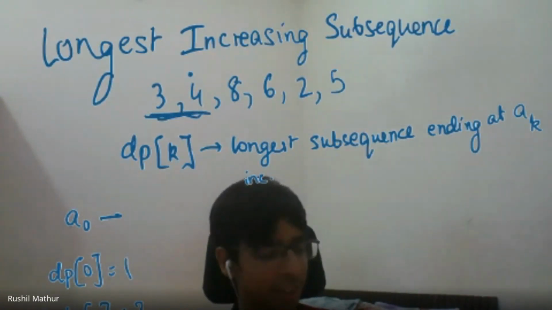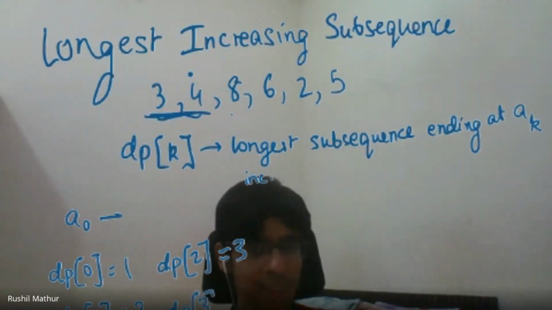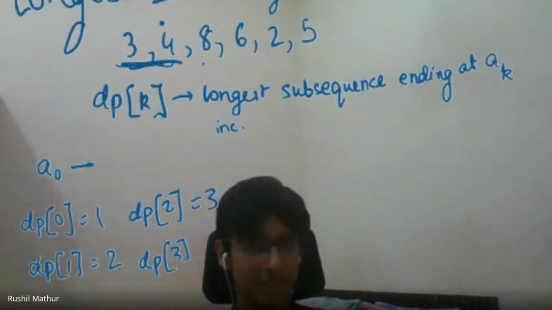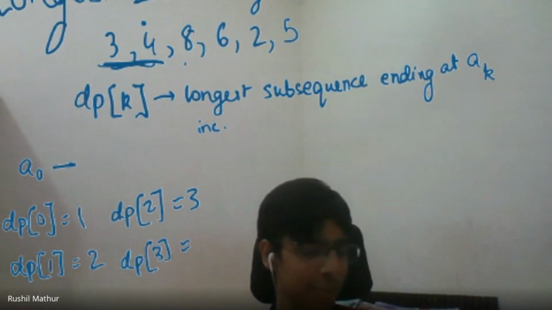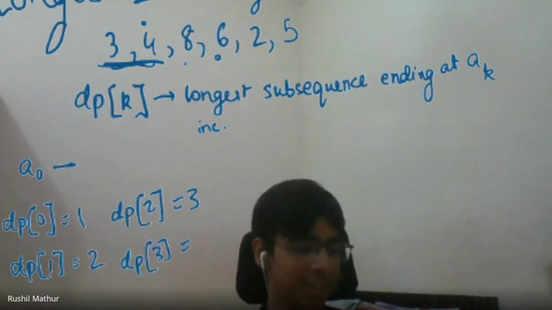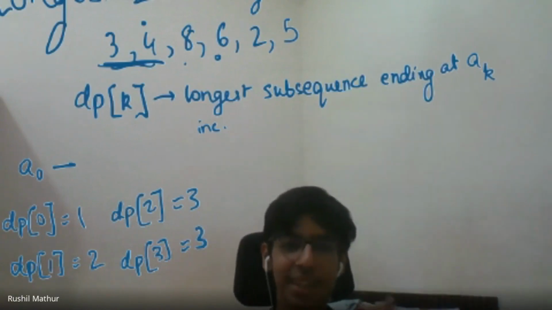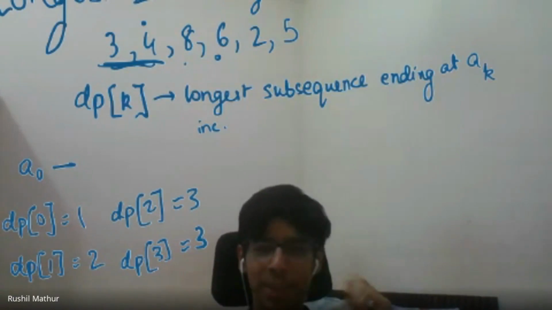You can call DP[2] 3, because now I can just add this 8. But when we reach DP[3], we cannot say it is 4, because now 6 has come in and 3, 4, 8, 6 is not increasing. You'll have to take 3, 4, 6. So this is also 3. Just to give a general idea, this is how the DP should probably work.